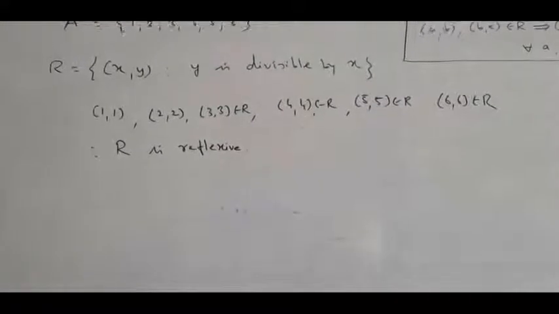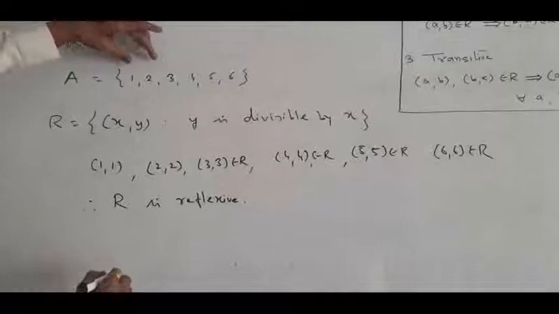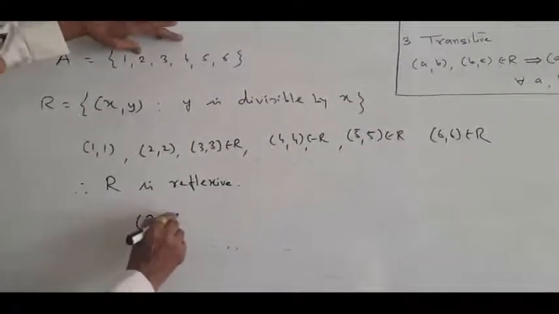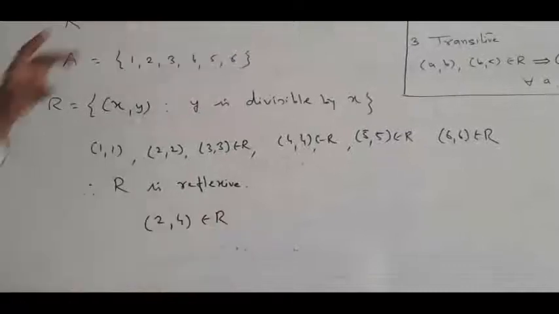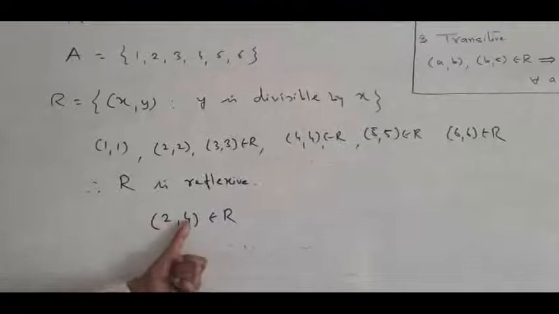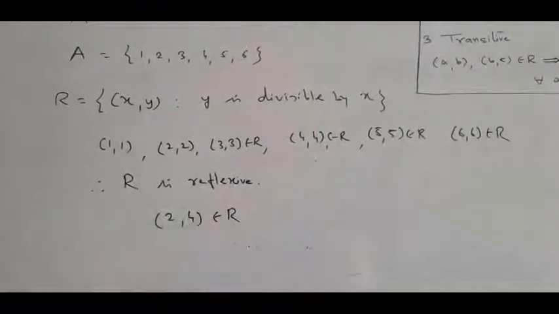Now here, (2, 4) belongs to R because 4 is divisible by 2.